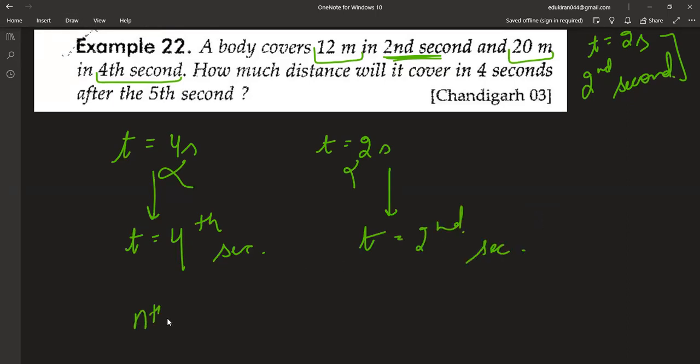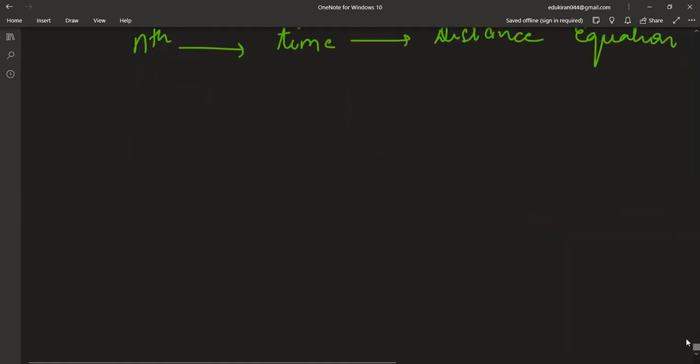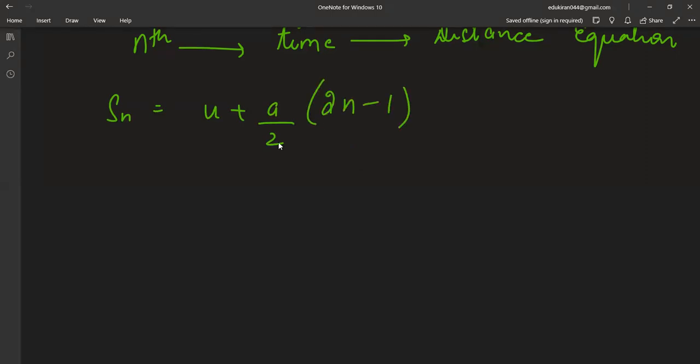That is, you have to use the equation for nth time, distance, nth time, distance equation. Clear? So see, for nth second, we have the formula as u plus a by 2 into 2n minus 1. This is the formula.